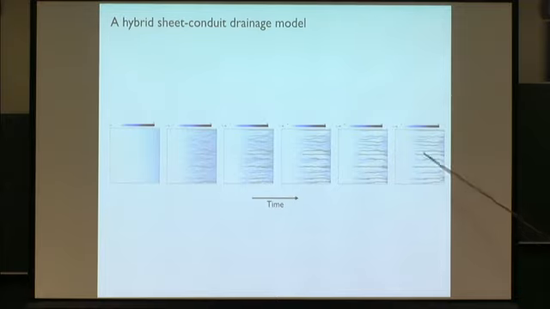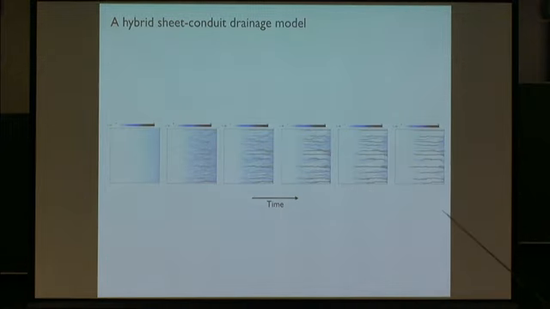The spacing between these things ends up being controlled by something which is equivalent to the compaction length in the equations that we talked about this morning. But these are solved as being individual channels, which stops them getting too big, because effectively you're resolving the size of them, the area of them.